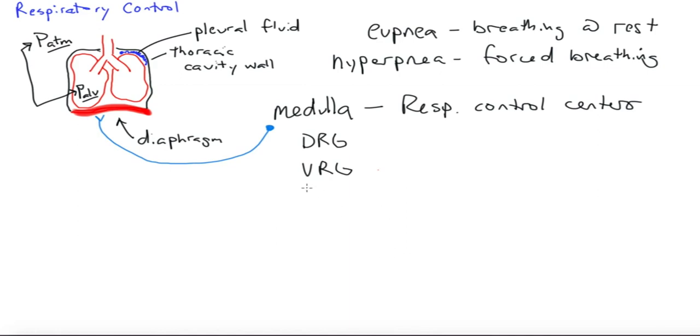And then there's the one that I use the shorthand PBC, and that stands for pre-Botzinger complex. Right? So the DRG contains largely inspiratory neurons. Its function is to stimulate the muscles that drive inspiration.